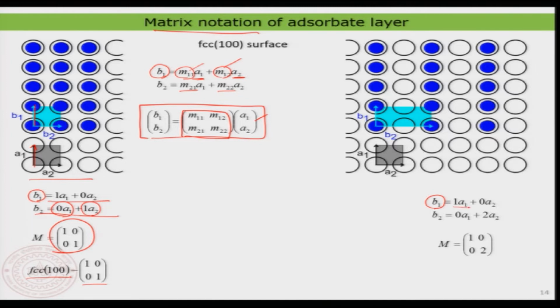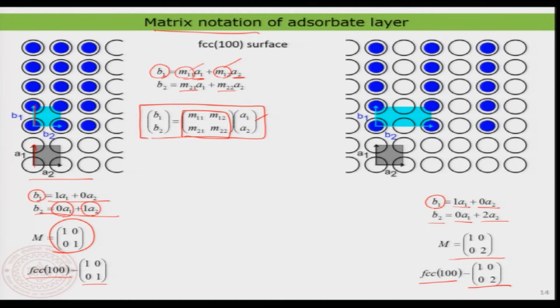So B1 is 1 A1 plus 0 A2, and B2 is 0 A1 plus 2 A2. That means the metric is 1 0 0 2, and I can write the name of the surface as FCC 1 0 0, then 1 0 0 2.